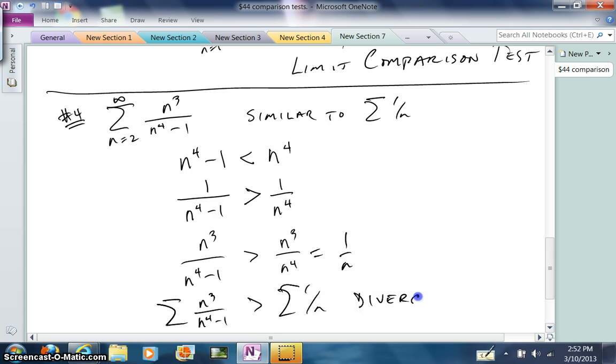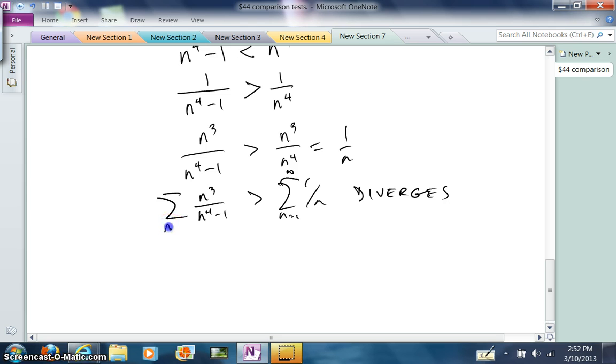This is the harmonic series. Okay, so n cubed over n to the 4th minus 1 diverges by comparison.